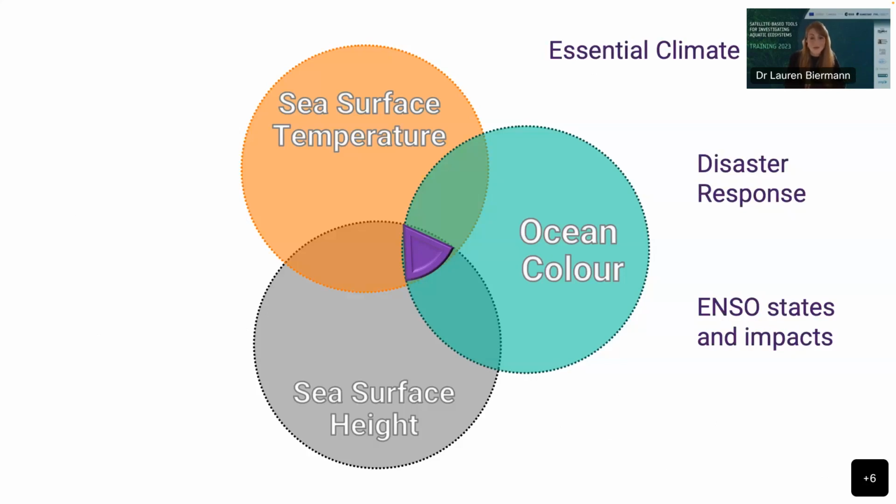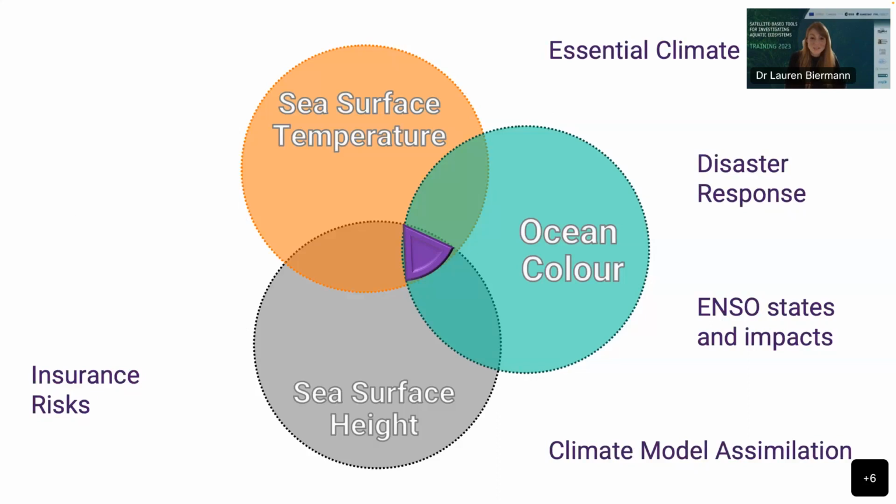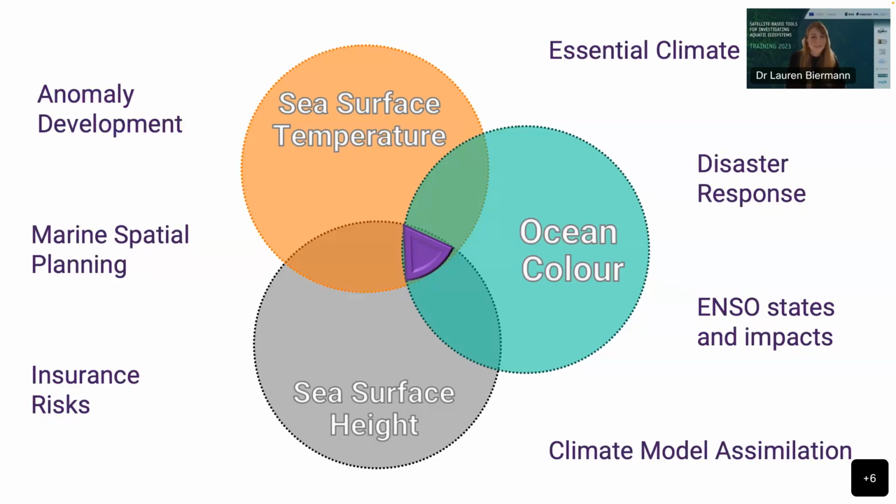These are things we can observe and track using the intersect of these three. Climate model assimilation, insurance risks, which underpin the aspects really of our lived experiences, marine spatial planning, and anomaly development, which is very important.